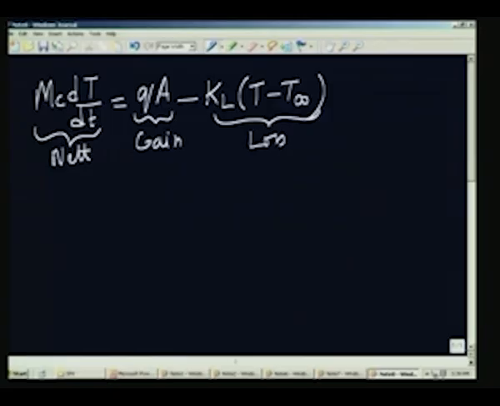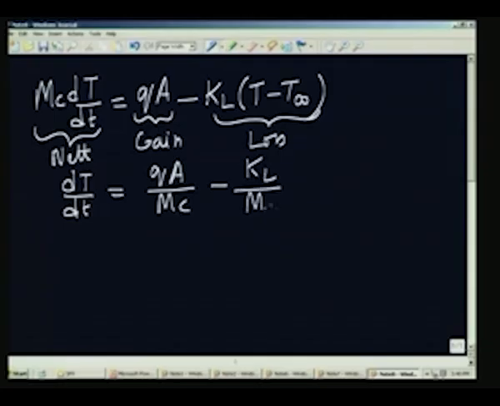The assumption I am going to make is, if we divide throughout by mc, you will see that we get the following equation: dT by dt equal to qA by mc minus the loss coefficient KL divided by mc multiplied by T minus T infinity. So, this is a small quantity. What we are trying to argue is that if a small amount of loss is present, this term is going to be much smaller than the first term.